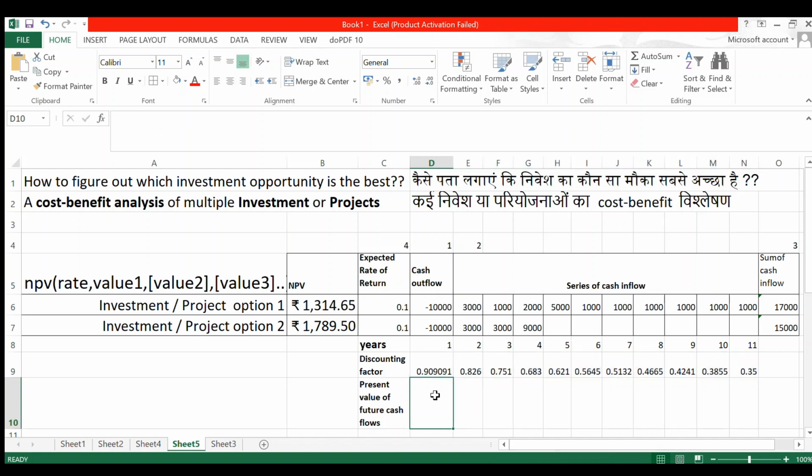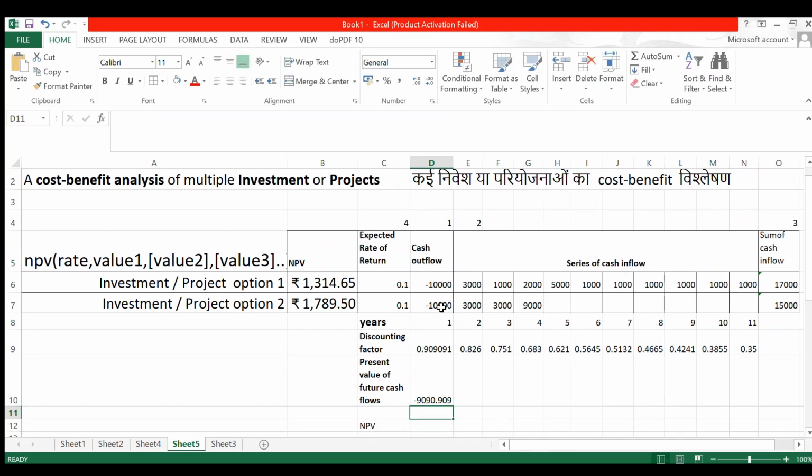Now I want to compute the present value of all the cash flows. It can be calculated by multiplying the discounting factor with the cash flows. At the end of the first year, my cash outflow or investment is worth minus 9090 rupees.